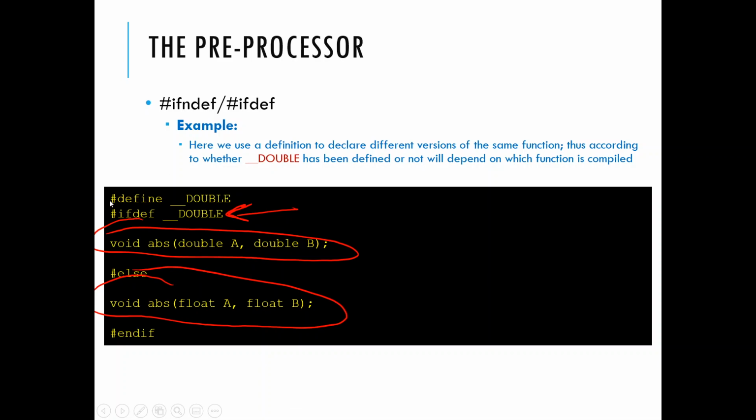All I need to do is comment this one line out. Double will no longer be defined, and then I'll be using this statement down here. For the time being, its absolute value is defined this way, but if I comment out this double line up here, then absolute value will be defined using floats instead.